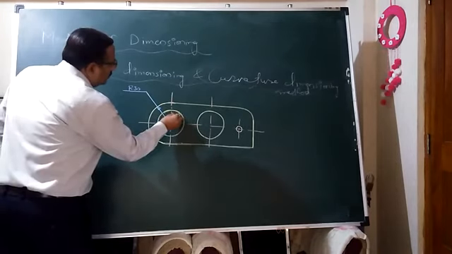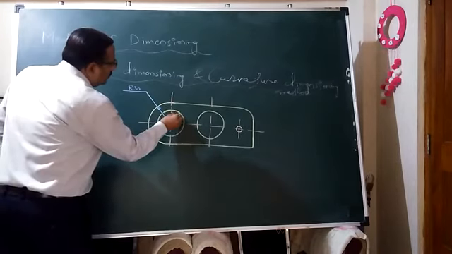Suppose this is of dimension 40. So phi 40 means the diameter of this circle is 40. So phi is the symbol for showing diameter, R for radius. Okay.